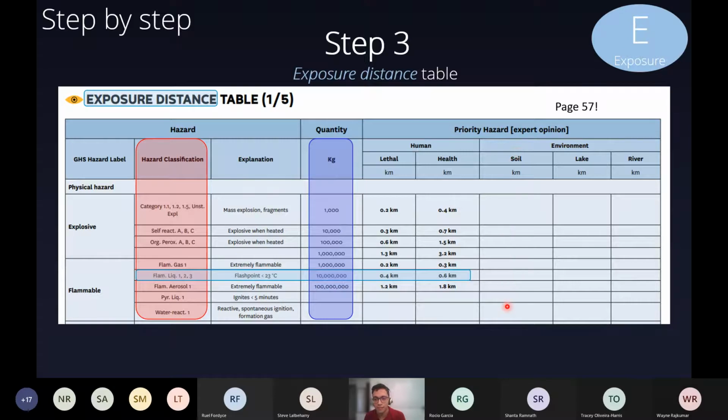But you will see, okay, well, what's going on with the environment? So in here, the FEAT didn't provide the numbers because as this is a flammable substance, it would not affect the soils, the lake or the river, because they're like in water. But you have to consider if you have big animals, you have cows or something, you have forests that could become a wildfire.